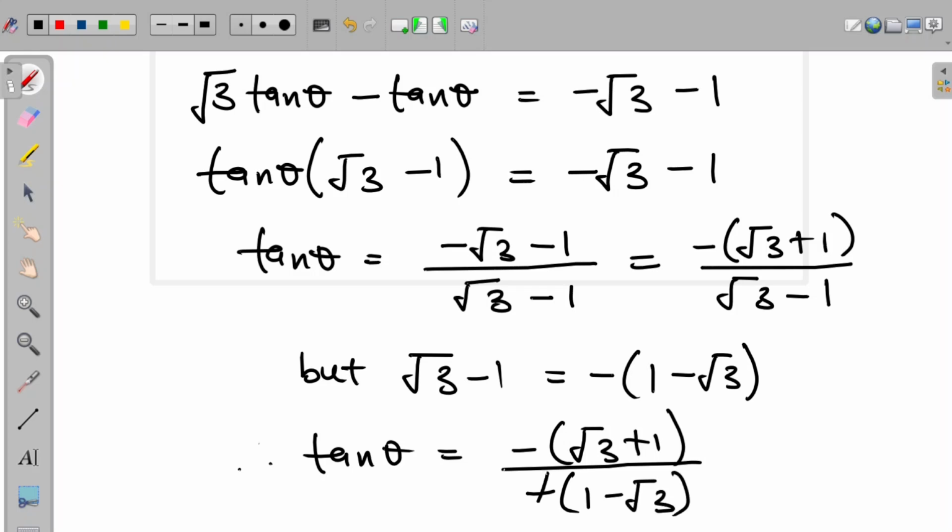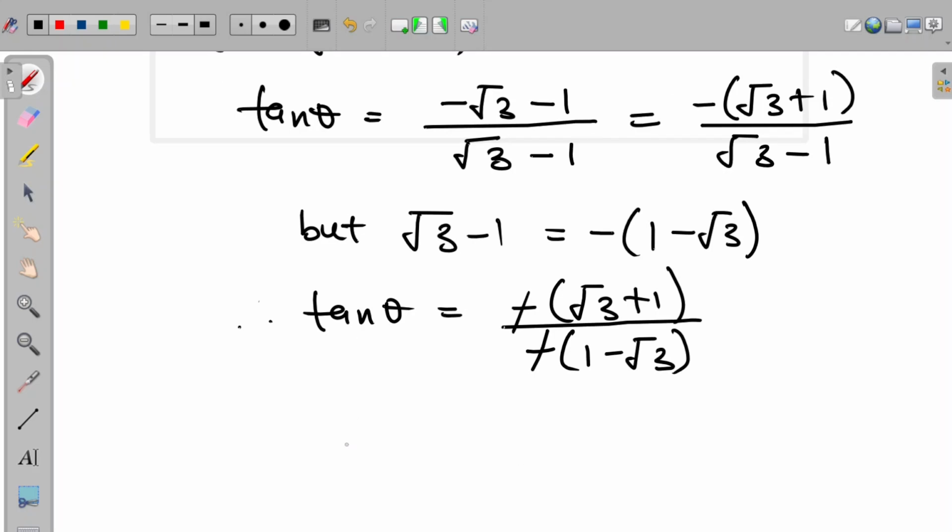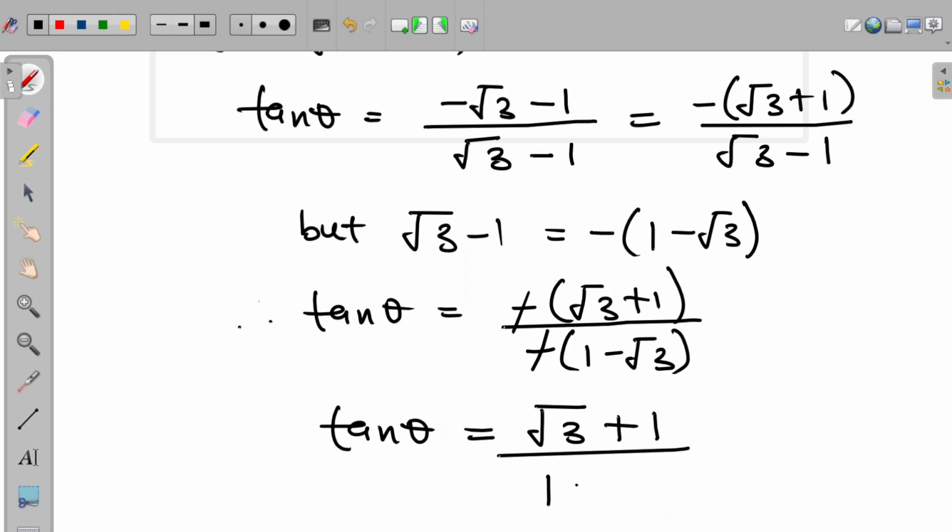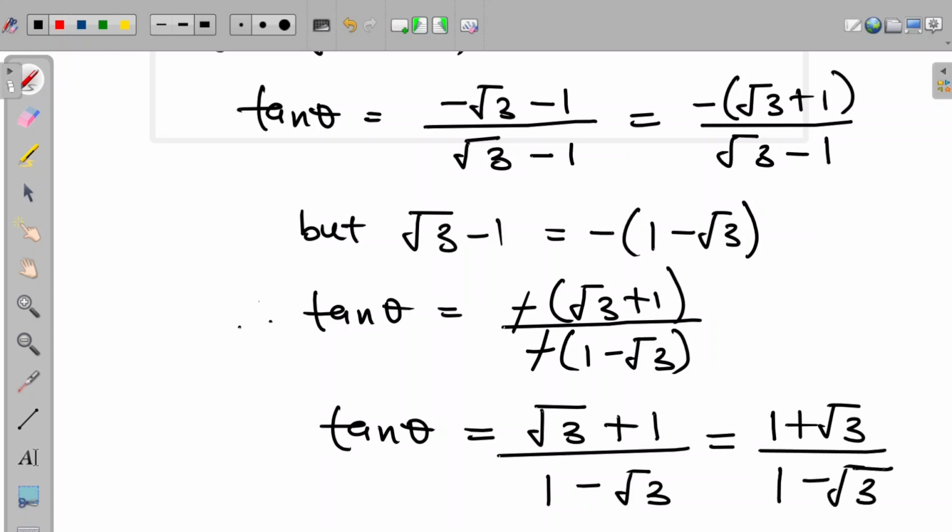So therefore, minus can cancel out minus. We have it that tan theta is equal to root 3 plus 1 divided by 1 minus root 3. This can also be expressed as 1 plus root 3 divided by 1 minus root 3.